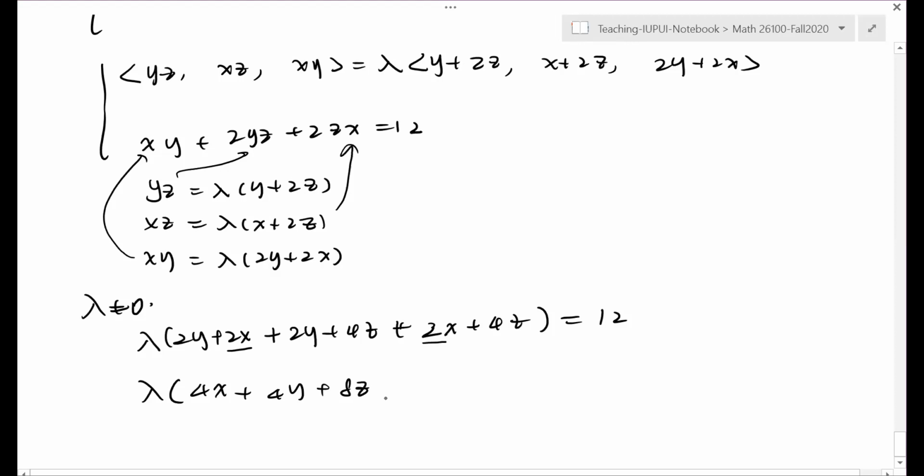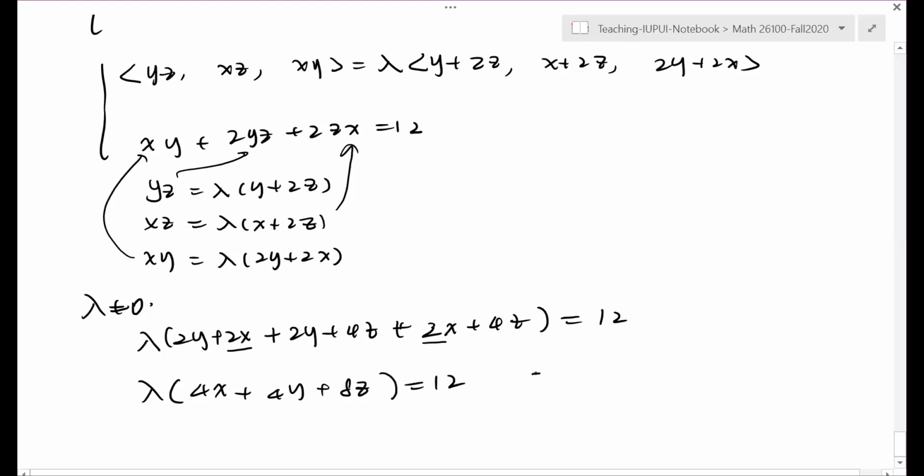So we have xy, 2x, 2y, 2x, and the 2yz, so 2y, 4z, and the 2zx, 2x, 4z. So you have an 8z and just 4y and just 4x.